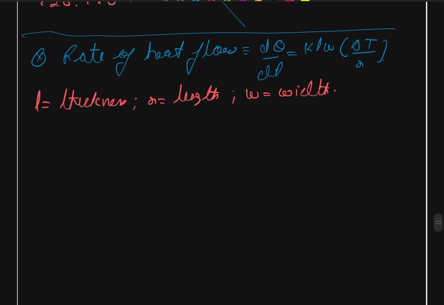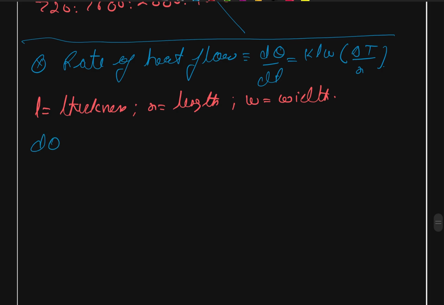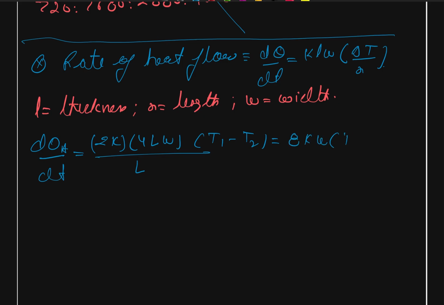So first of all, let's find out for our A. So we can say dQA upon dt will be equal to 2 times K multiplied by 4L W, and thickness is our length is our X, which is our L, and the temperature is suppose T1 minus T2, and this gives us 8 kW T1 minus T2.